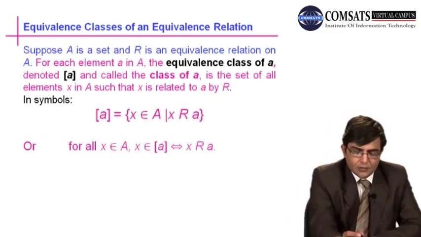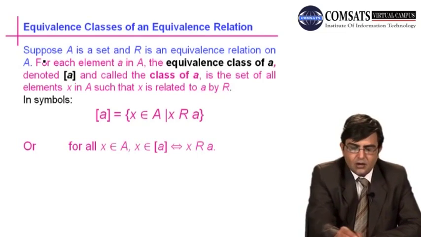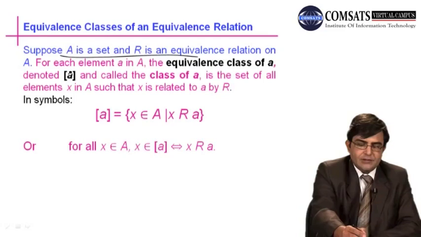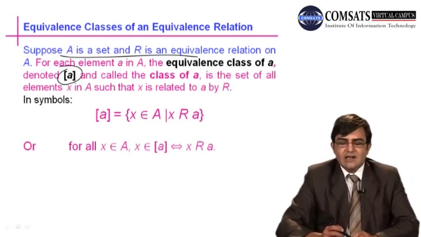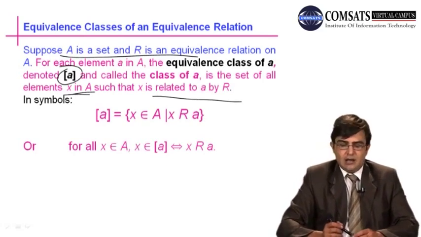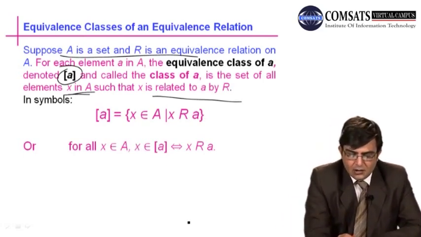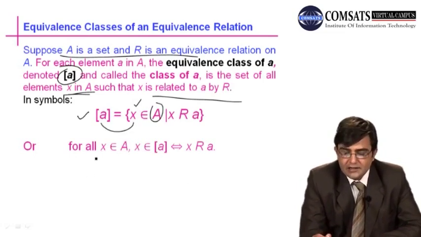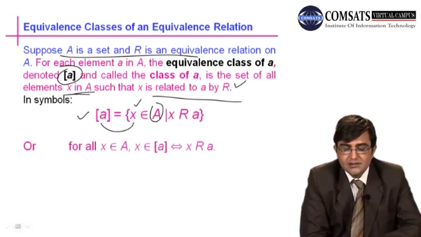By definition, suppose A is a set and R is an equivalence relation on A. For each element a in A, the equivalence class of a, or simply the class of a, is the set of all elements x in A such that x is related to a by R. That is, this equivalence class of a contains all those elements x of A which are related to a under the relation R defined on the set A.